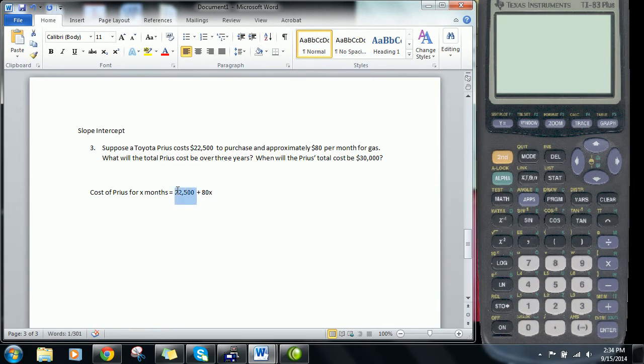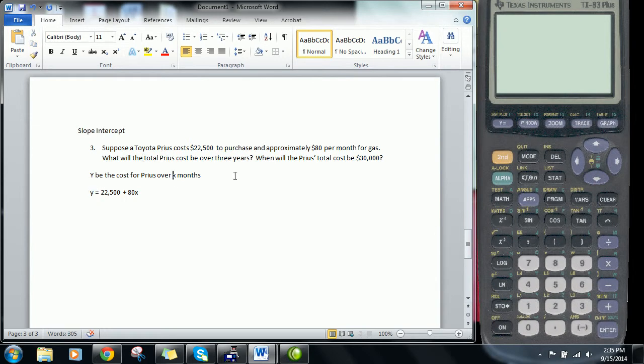Here's your y-intercept or startup cost. And now I can call it C of X, or if you don't like that notation, you can just call that Y. Okay? So let Y be the cost for the Prius. And that's over X months. Right? This is the number of months. This is the according cost.